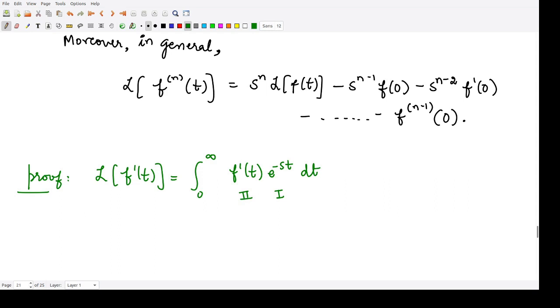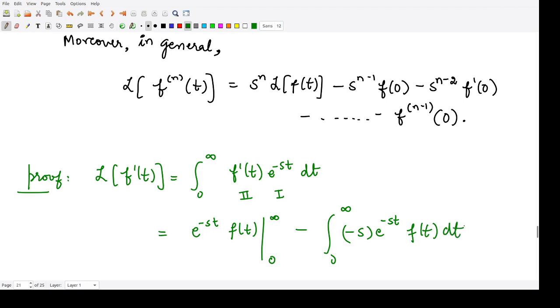Why? Because its derivative is given, so its integration is quite obvious. So it would be the first function as such, then the integration of f dash t is f of t, with limits from 0 to infinity, and then minus the integration from 0 to infinity of the derivative of the first quantity with respect to t, which is minus s e to the power minus st, and then the integration of the second term, f of t dt.